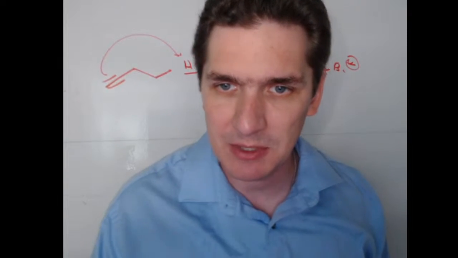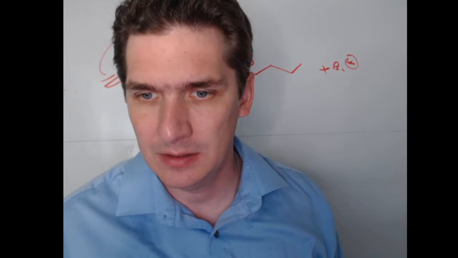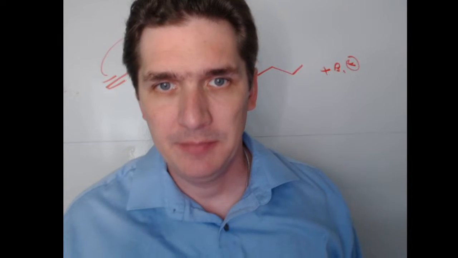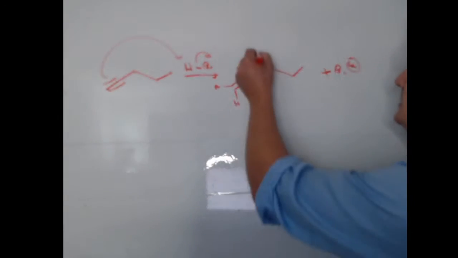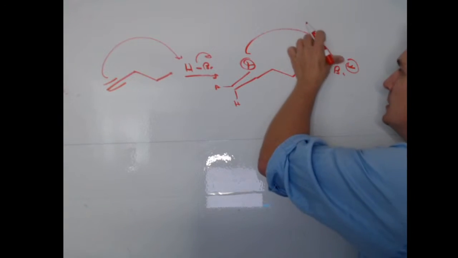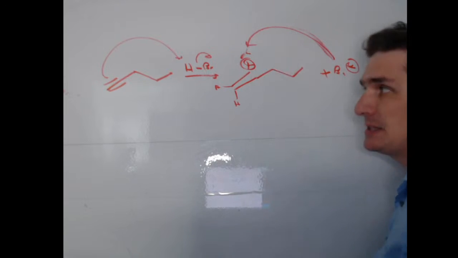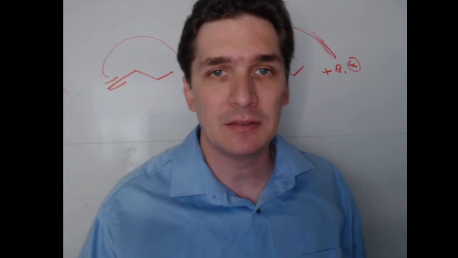Oops, didn't put enough carbons in my structure. So now that we've got the carbocation, that's going to take the, well, other way. Arrows in the wrong direction. Bromide's going to attack the carbocation, and that's how we're going to end up with that final product that they've got drawn.